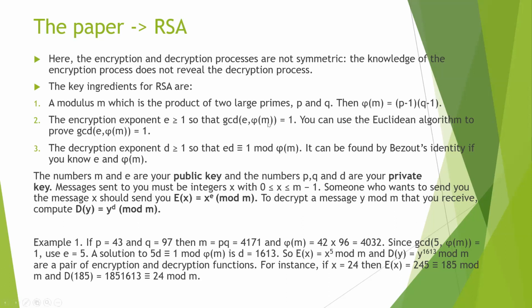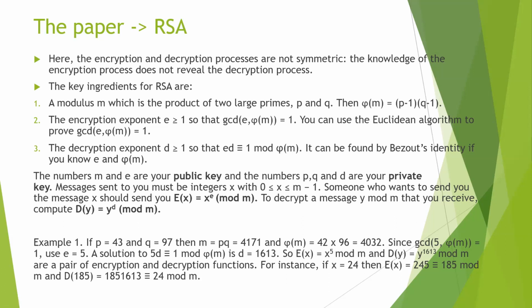So you need it to be equal to 1. And again, you can use the Euclidean algorithm for that. Then the decryption exponent d, which is the inverse of the encryption exponent mod phi m. It can be found by Bezout's identity. Pretty easy. The numbers m and e are your public key, and p, q, and d are your private key.